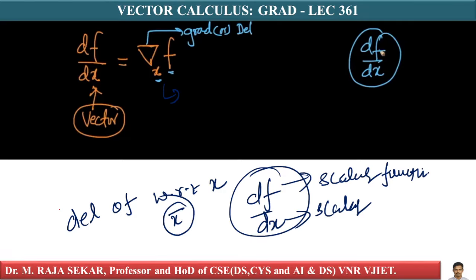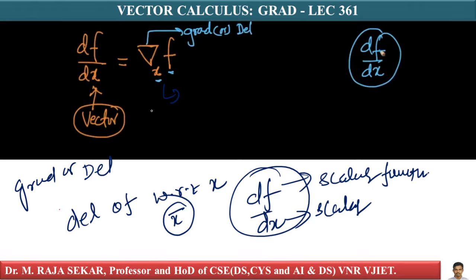But when you write using the grad or del symbol, you immediately understand it is a vector differentiation.